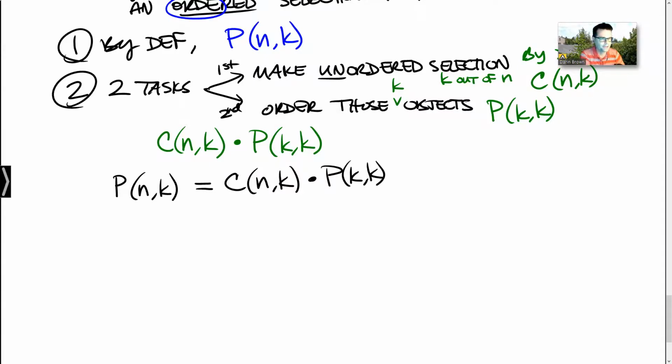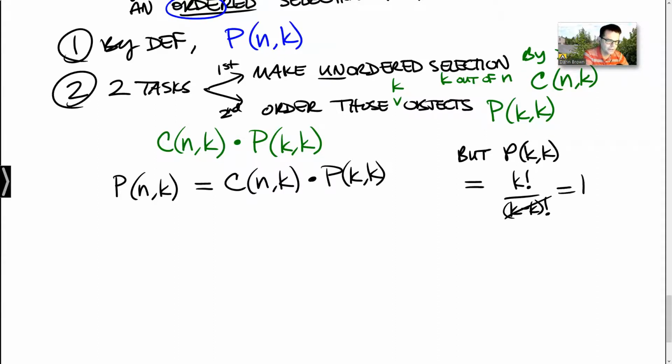But how many ways are there to permute k objects out of k objects? Well, if we look at the formula, this would be k factorial over k minus k factorial. Now, 0 factorial is 1, so we just get k factorial.